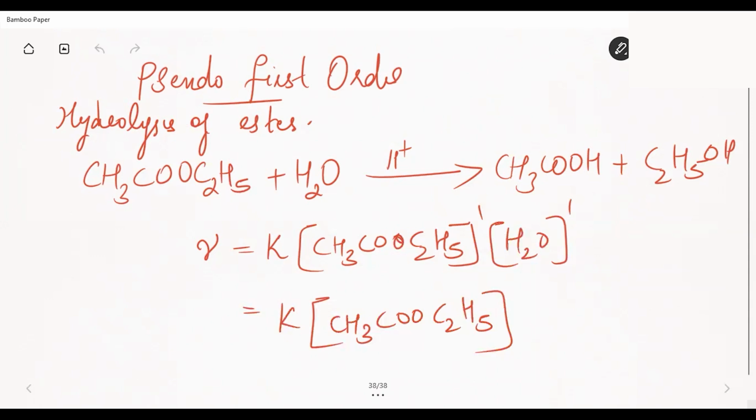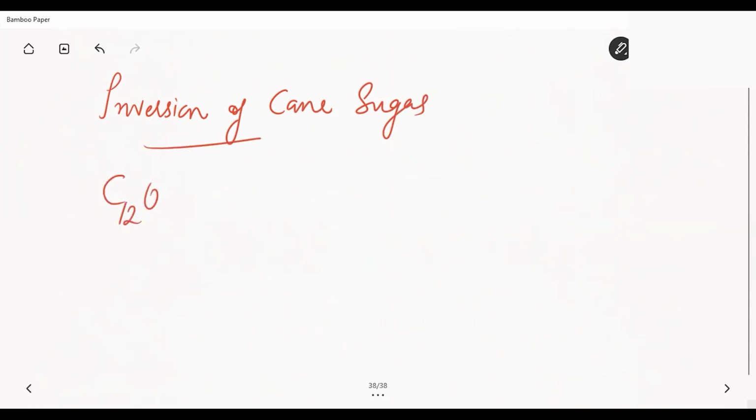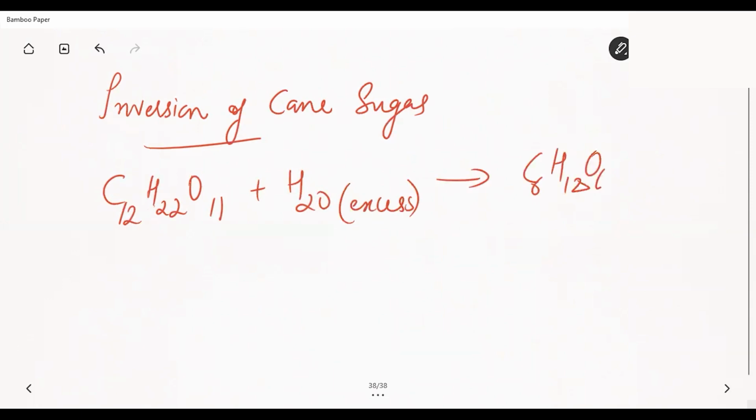One more example we have to study is the inversion of cane sugar. Here you can see cane sugar, C12H22O11. Water we have to take in excess. Then you will get glucose and fructose, C6H12O6 plus C6H12O6. The rate is equal to k, a constant, times the concentration of C12H22O11.